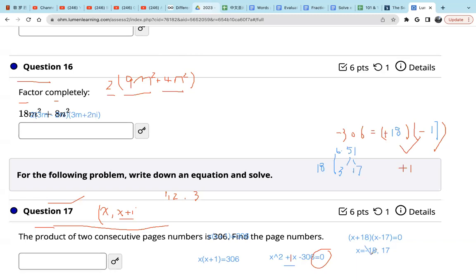We don't count the negative pages, so we ignore negative 18. That means x is 17, so that's page 17. Well, what's 17 plus 1? 18. So the page numbers are 17 and 18. Okay, so this is the solution set for exam 2.